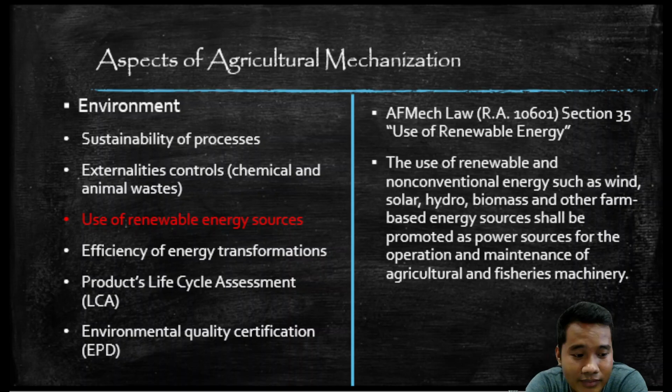Example, in terms of wind, if you are having a travel to the different places in our province na may makikita kang may mga wind mill sa mga gitna ng mga bukiran natin, di ba?